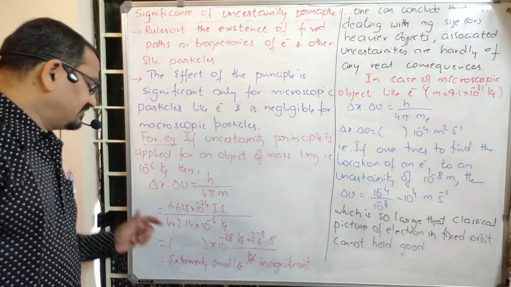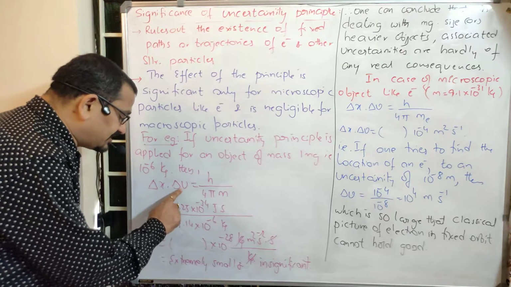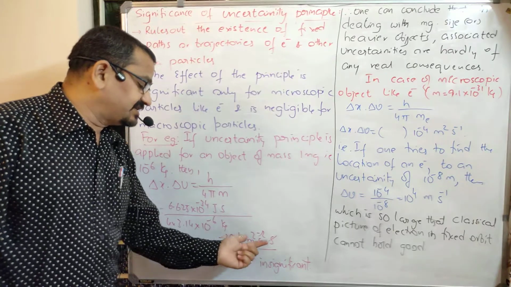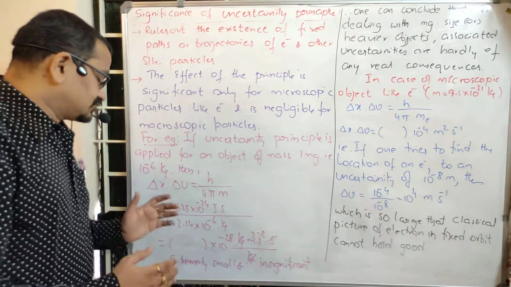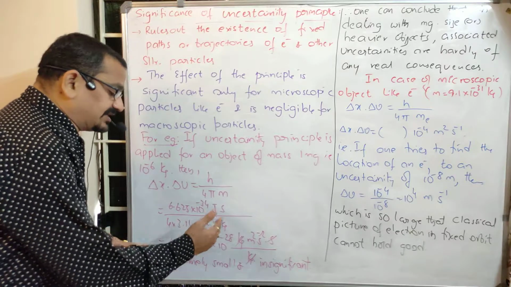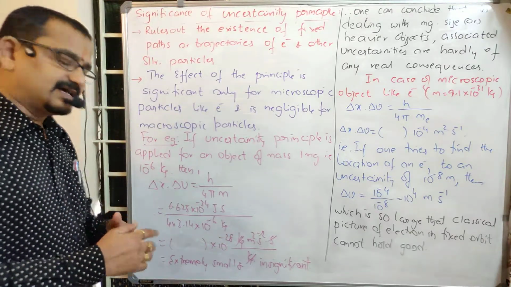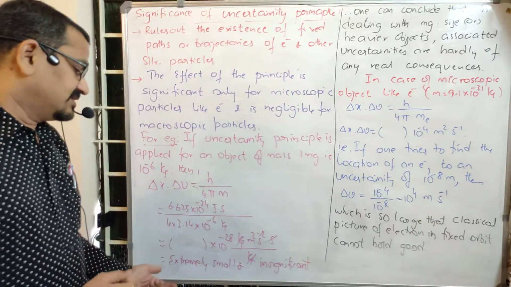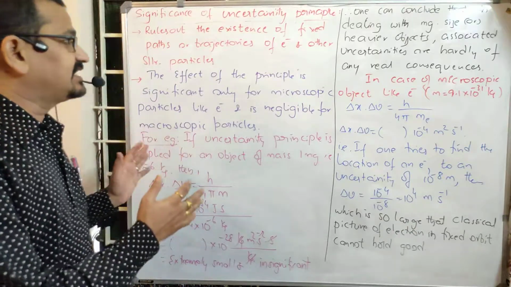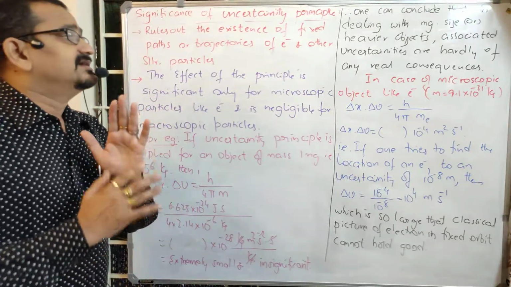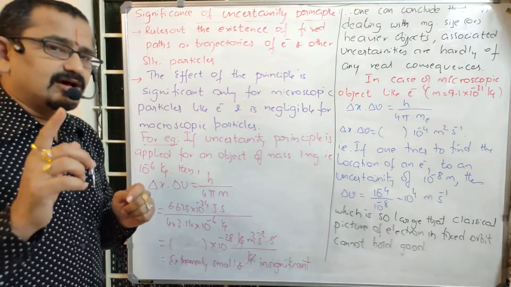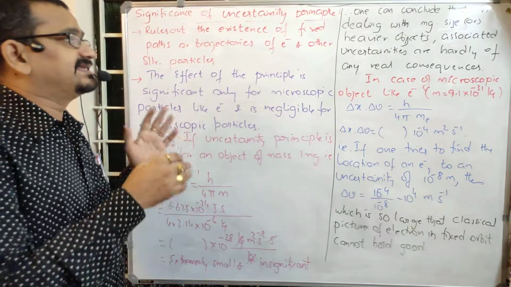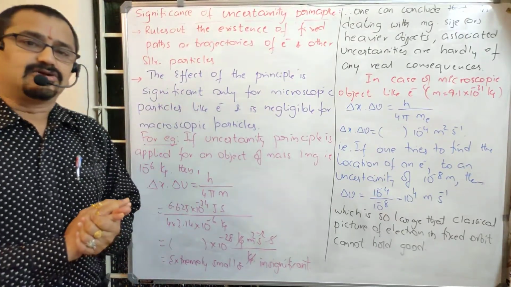On simplification, we will get this product of uncertainties of position and velocity as some numerical value into 10 power minus 28 meter square per second. Okay, so the uncertainties product is of order 10 power minus 28, means it is very small, extremely small, and insignificant also. Thus, one can conclude that in dealing with 1 milligram size or heavier objects, associated uncertainties are hardly of any real consequence.